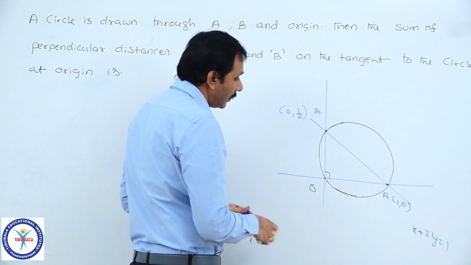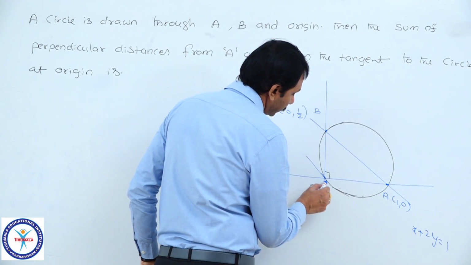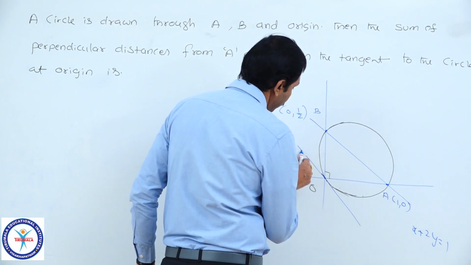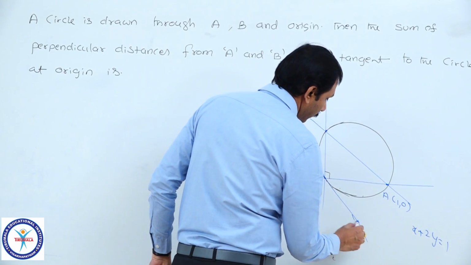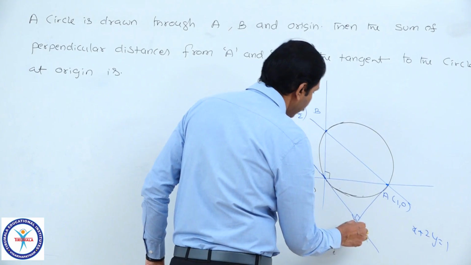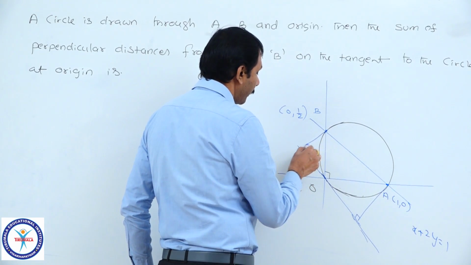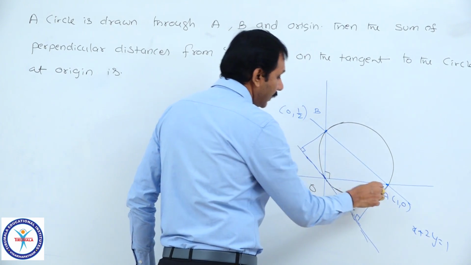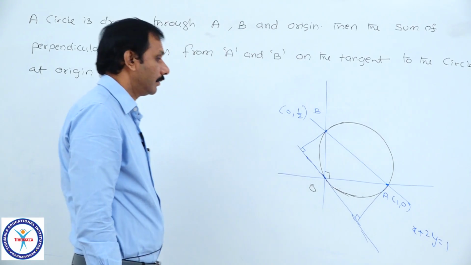A tangent is drawn at the origin. Now from A one perpendicular is drawn, and from B another perpendicular to this line. These distances we want.